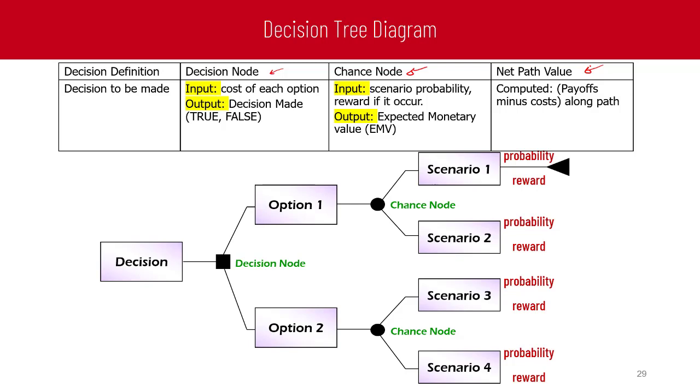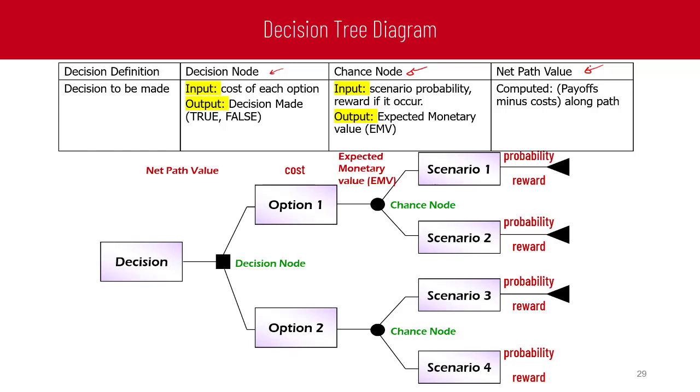To solve the diagram, we will multiply the probability for each scenario by the reward, and for the chance node we will calculate the expected value by multiplying the probability and reward of the first scenario plus the probability and reward of the second scenario, summing both together to get the expected monetary value. And if we subtract the cost of the option, we will end up with the net path value of this decision.